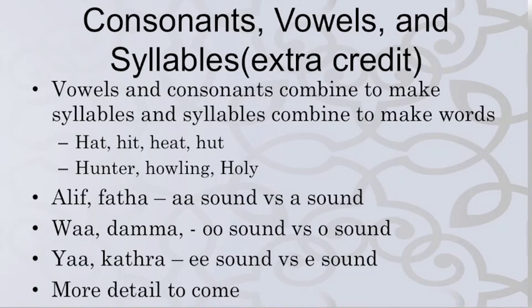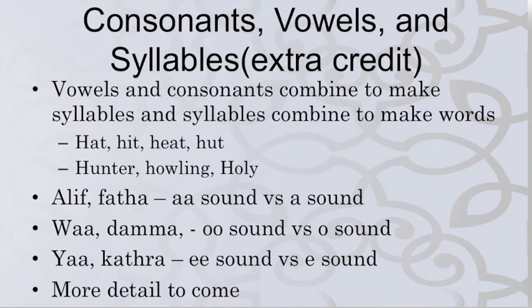Remember, this is extra credit, so don't worry, I'll give you a lot more detail later. How movement marks, consonants and vowels connect to make syllables and words will come up in later lessons.